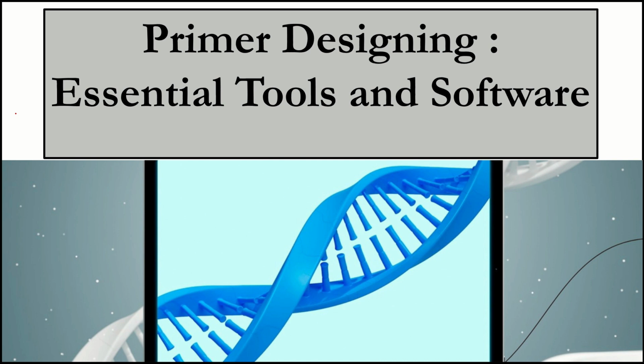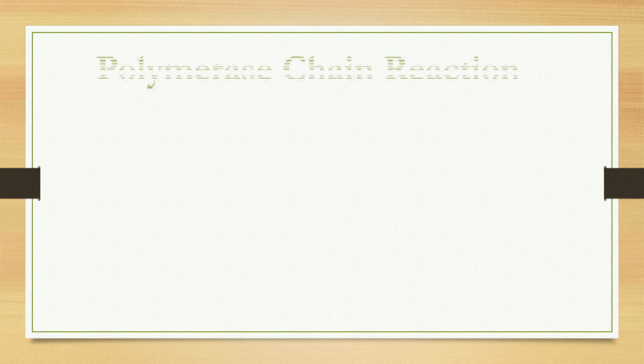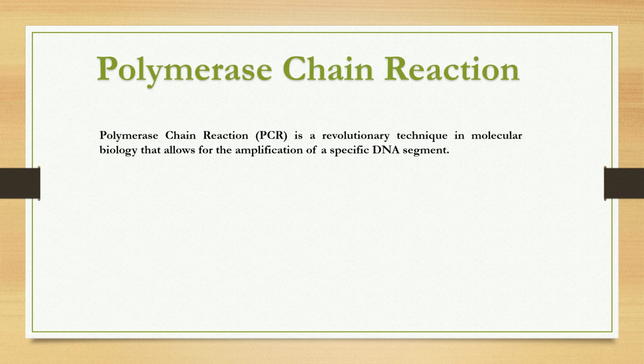Okay, so first of all, what is polymerase chain reaction? Polymerase chain reaction is a revolutionary technique in molecular biology that allows for the amplification of a specific DNA segment. You must have read about DNA replication that occurs in all organisms. So what happens there?